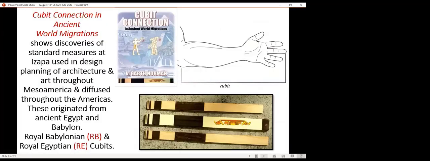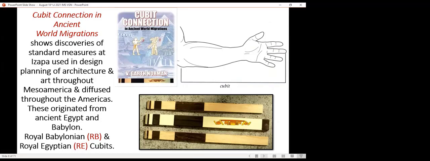Now the cubit connections, ancient world migrations, major interests here this evening, shows discoveries of standard measures at Izapa used in design, planning of architecture and art throughout Mesoamerica and diffused throughout the Americas.